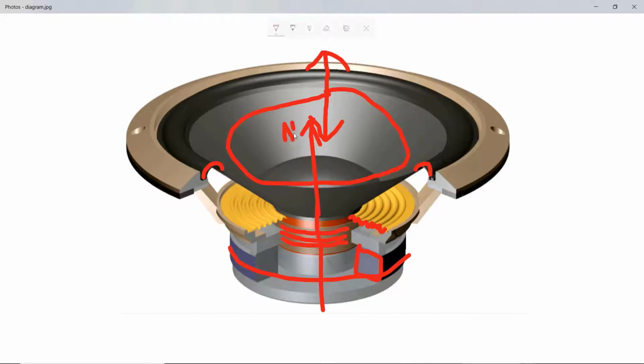And when the electricity flows in the opposite direction, the magnet reverses, and this way becomes north, right here. Now, the permanent magnet, well, it's permanent, so it doesn't change. The permanent magnet's north-south is fixed.